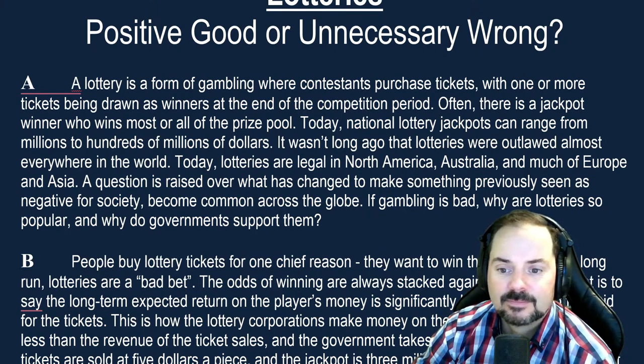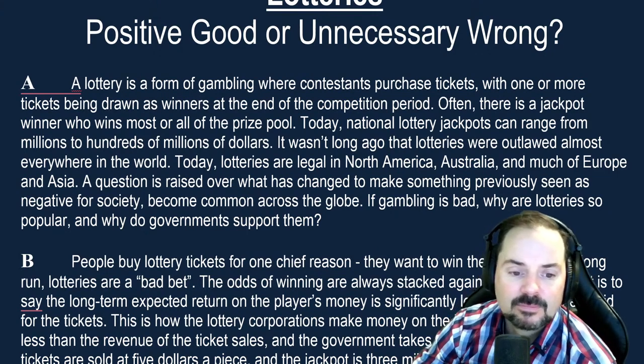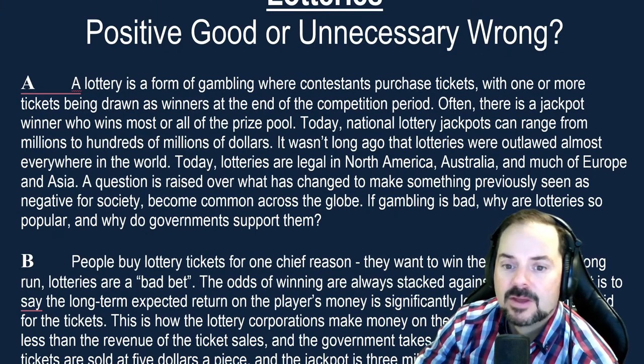It wasn't long ago that lotteries were outlawed almost everywhere in the world. Today, lotteries are legal in North America, Australia, and much of Europe and Asia. A question is raised over what has changed to make something previously seen as negative for society become common across the globe. If gambling is bad, why are lotteries popular and why do governments support them?